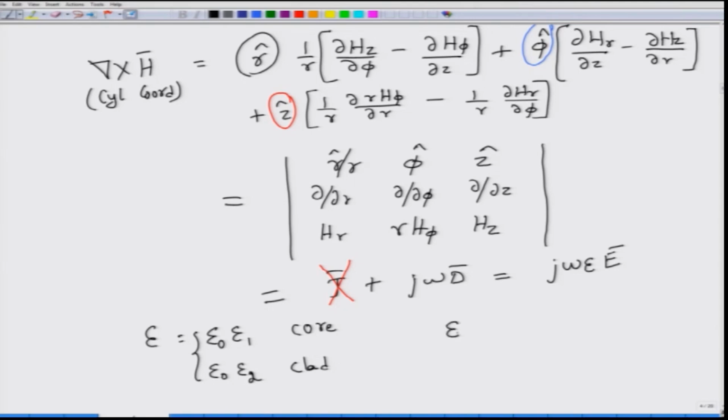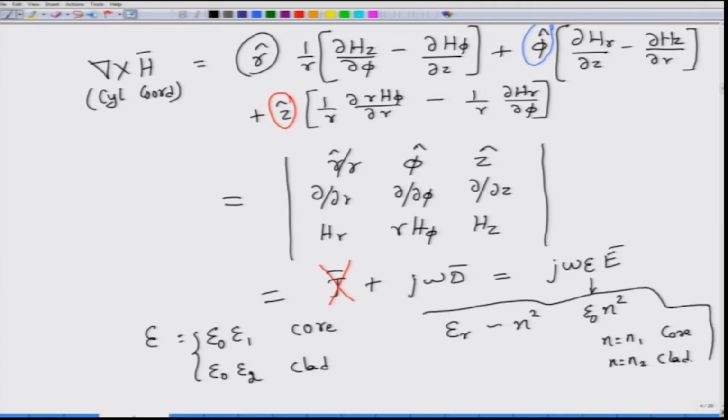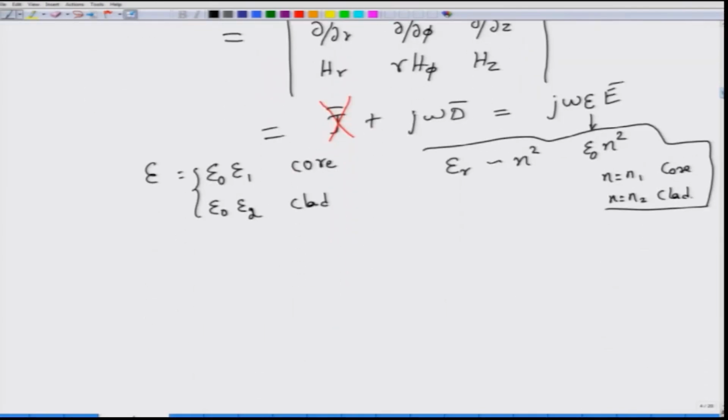But I also know that relative permittivity is nothing but refractive index squared. So I can write this epsilon as epsilon 0 n squared. I will substitute n equal to n1 for the core region and n equal to n2 for the cladding region. We will not make this substitution at this point, we will do that slightly later.